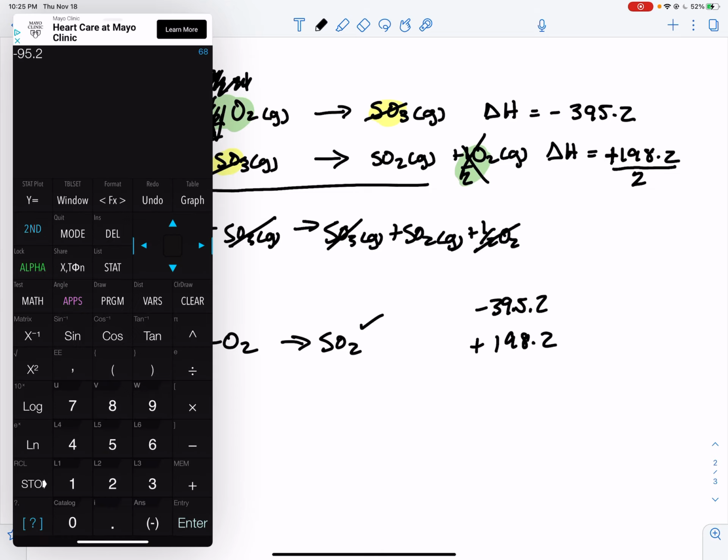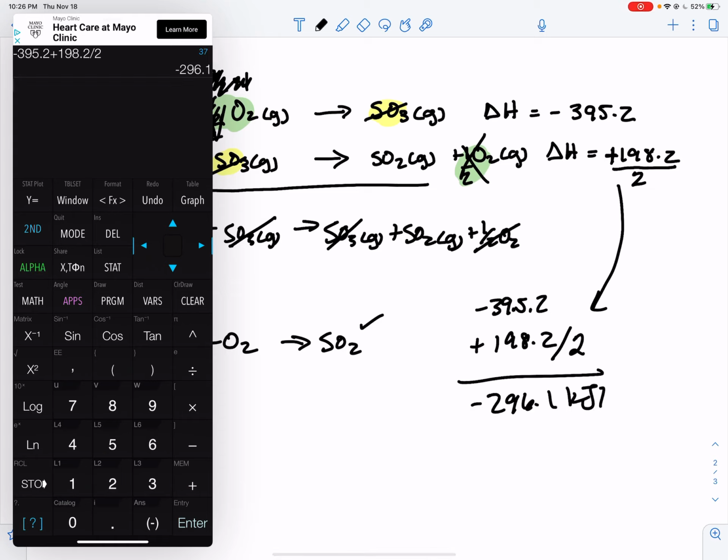And then we're going to add 198 times 2. Oh, it's 0.2, sorry. 198.2 divided by 2. That's it right there. I just didn't write it down. I didn't carry it down from there. So that total is going to be negative 296.1 kilojoules per mole.